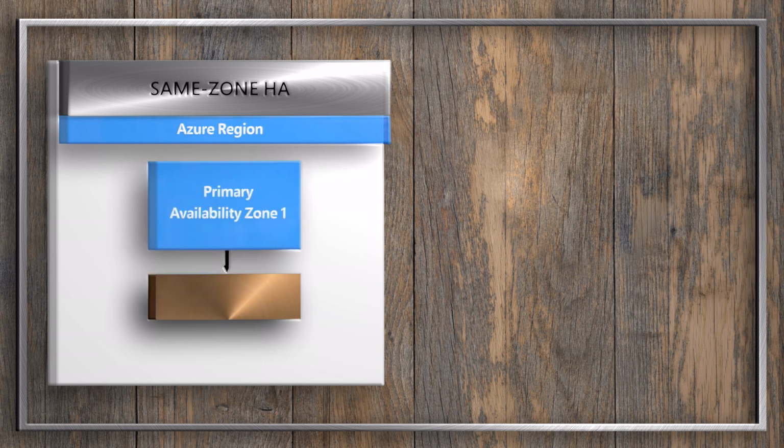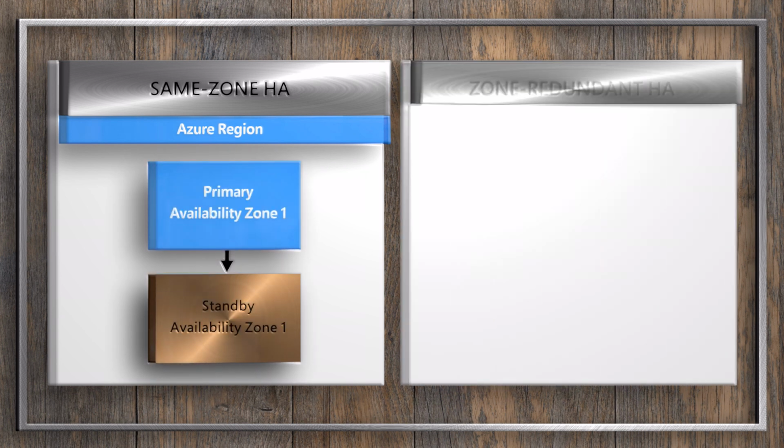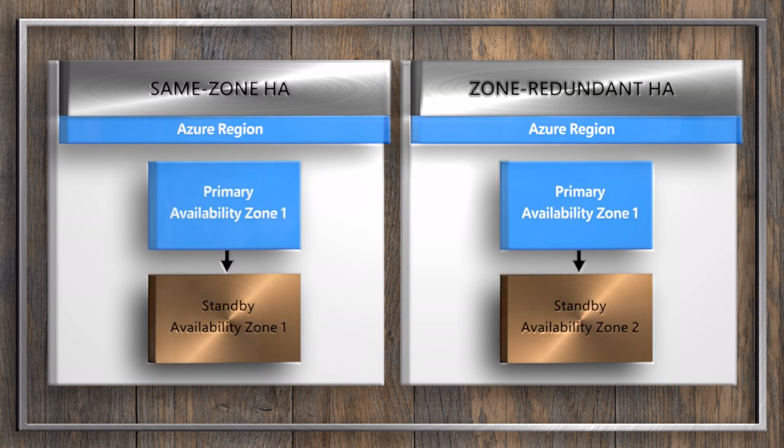You can also optimize the availability of your MySQL databases by configuring high availability with automatic failover using one of the two high availability architectural models: zone redundant high availability and same zone high availability. These high availability configurations are built-in features of Azure Database for MySQL Flexible Server.